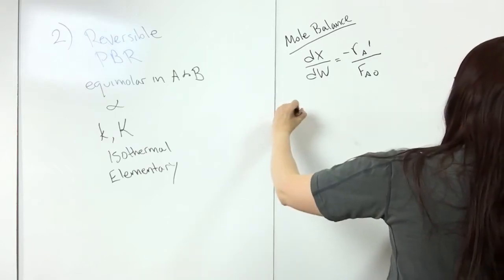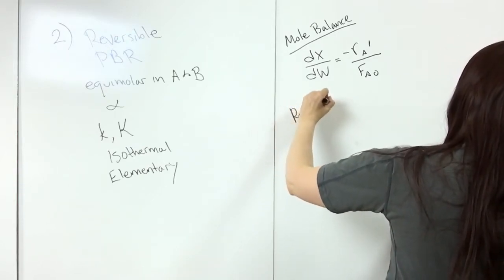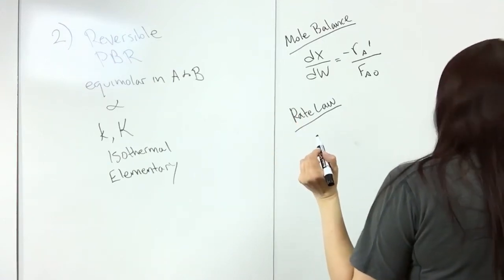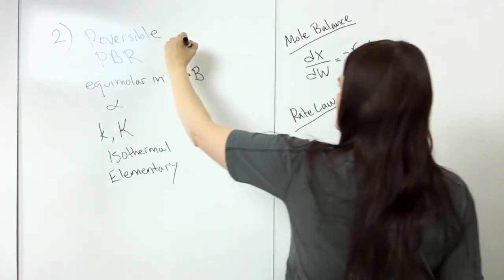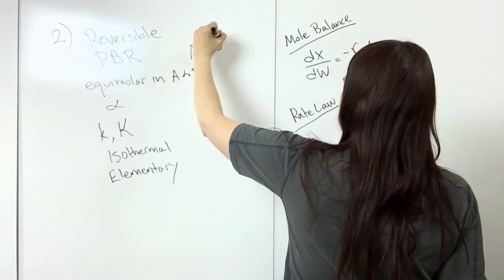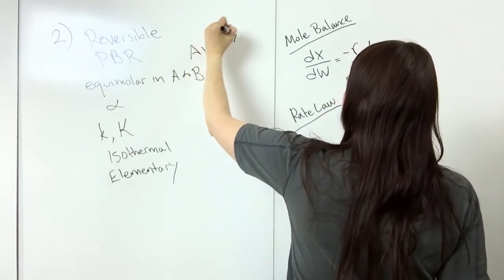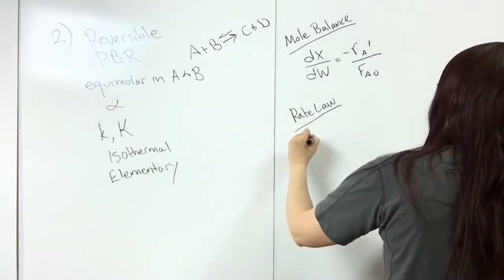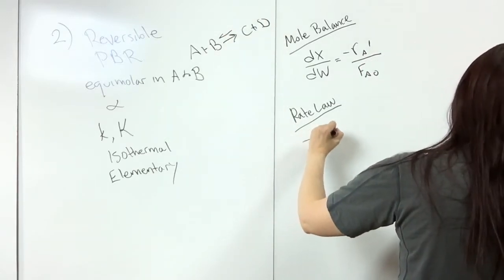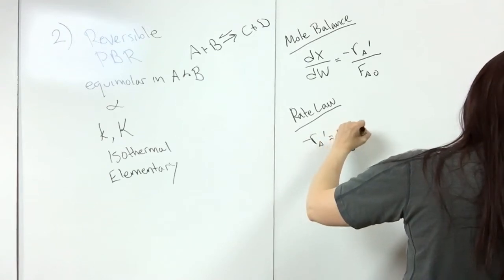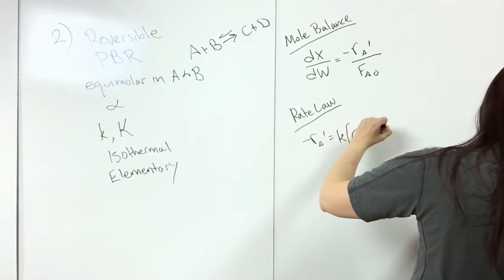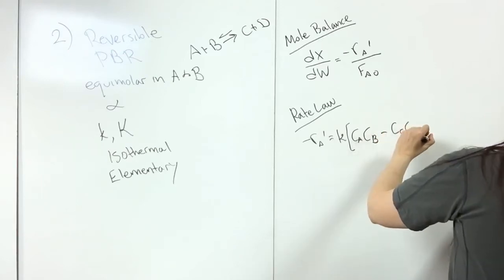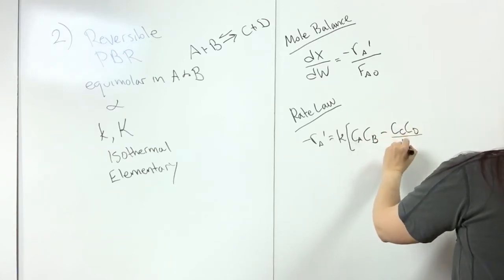And then we have a rate law, and so just assuming that this reaction is A plus B to C plus D, then the rate law would be minus RA prime is equal to K (CA CB minus CC CD over K).